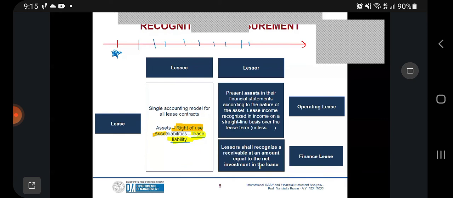So this is an asset, the right of use. The company, the lessee, is not buying the asset. The lessee is committed to pay a debt in order to obtain the right to use the asset. Is this clear for everybody? Yes.